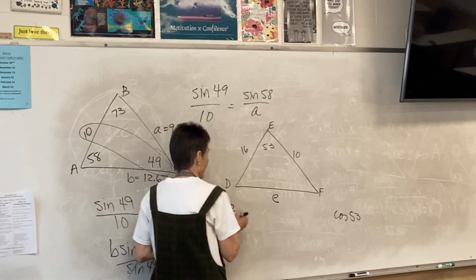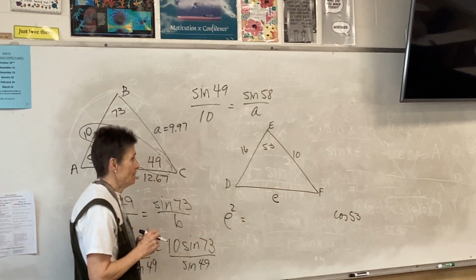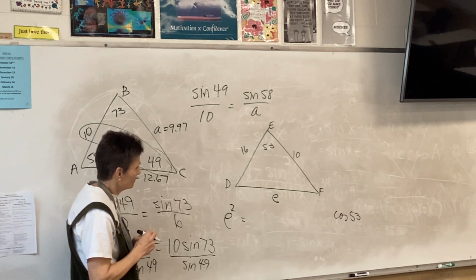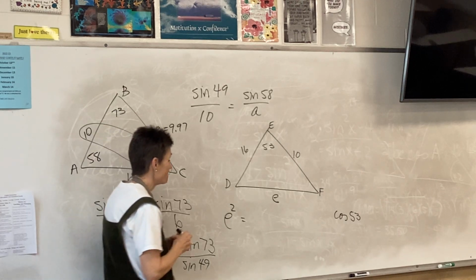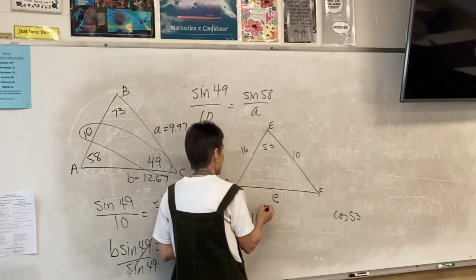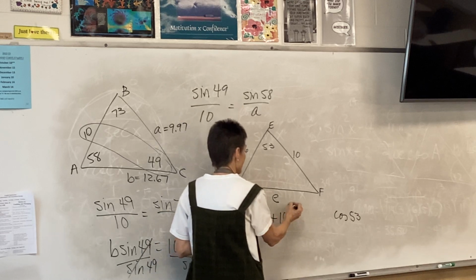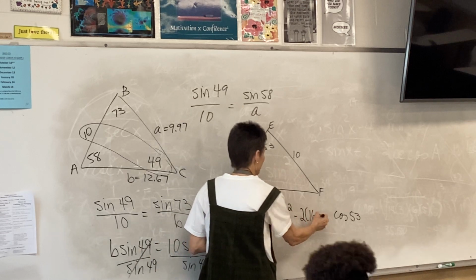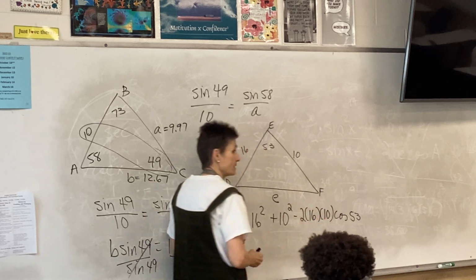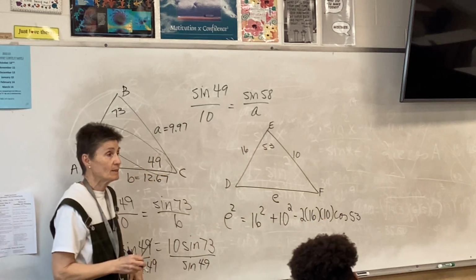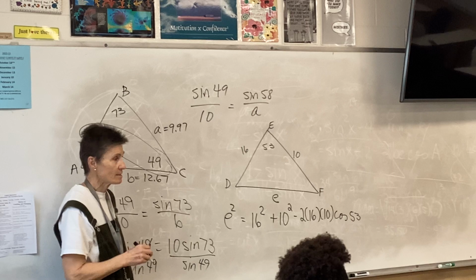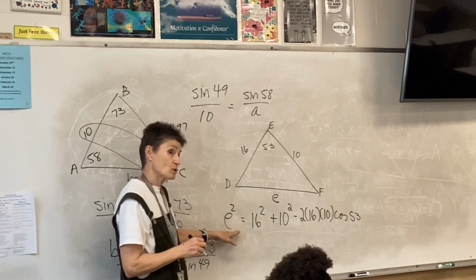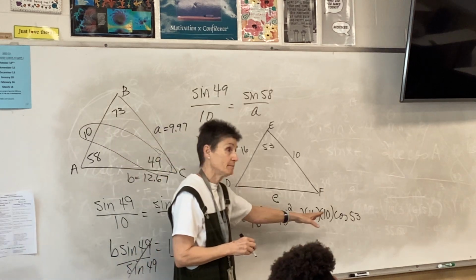This is e squared. And then in the middle, 16 squared plus 10 squared minus 2 times 16 times 10. Yesterday, the one we did was more complicated than this. This was like on your quiz. Can we just type this in?